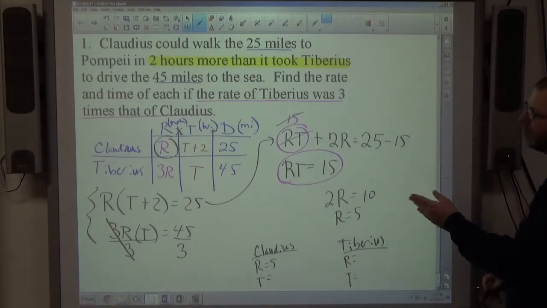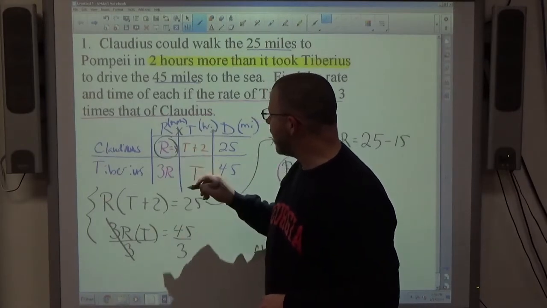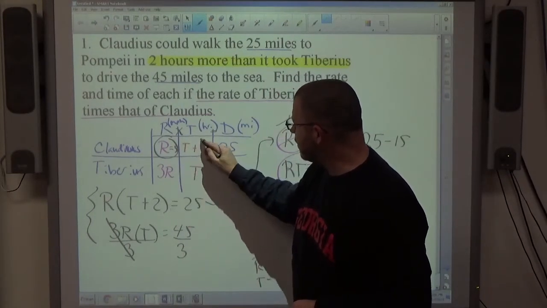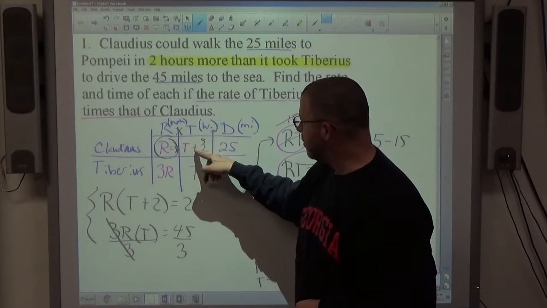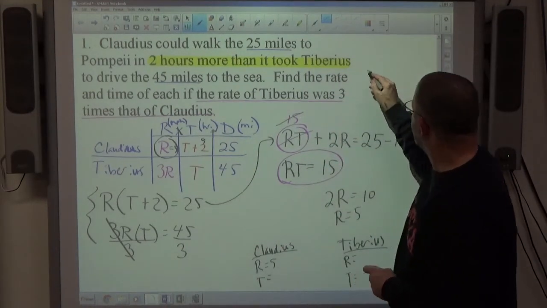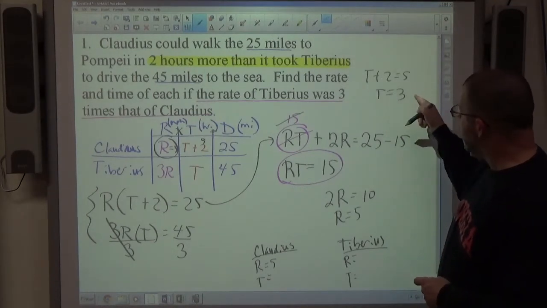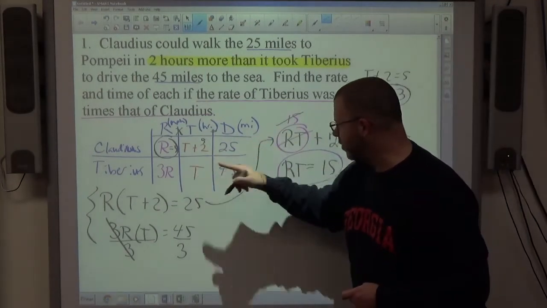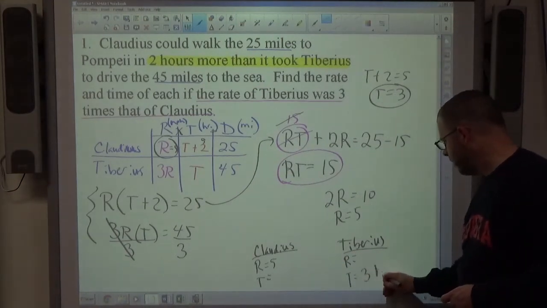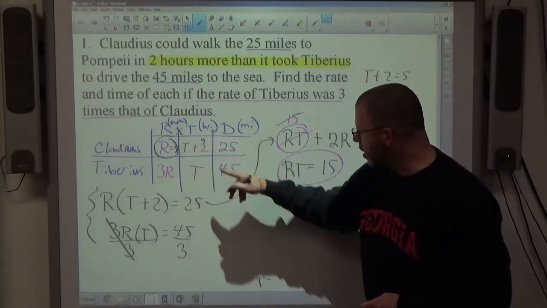Once I know Claudius's rate is 5, I can go back here also and start figuring stuff out. 5 times 5 makes 25, so t plus 2 is 5, which makes t equal to 3. So if t plus 2 equals 5, therefore t is equal to 3. Well, 3 is Tiberius's time. 5 is Claudius's time.